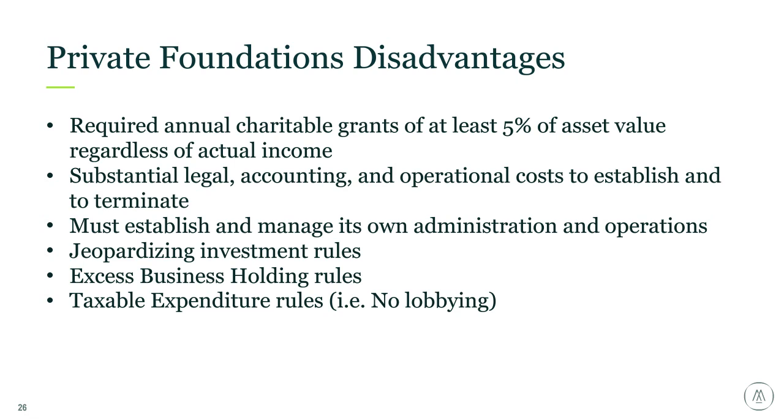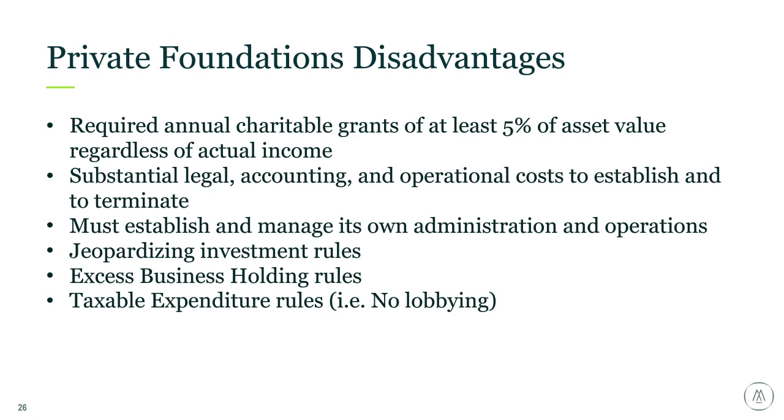The general gist here is that as you go through time and you distribute 5%, 5%, 5% every year, probably the organization itself has a finite timeline. There are certainly a lot of costs associated with a private foundation to establish and terminate, so you have to be aware of that.